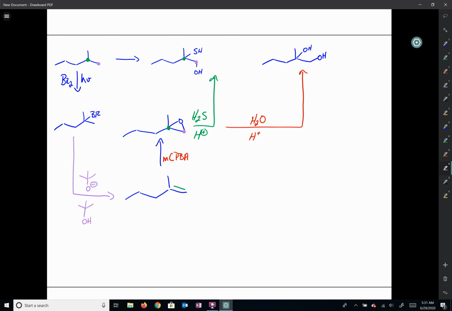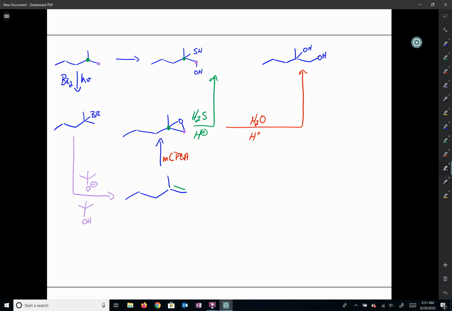LDA could be a choice here also. Either one of those, but t-butoxide will be just fine for what we're doing. Remember, we have the Hofmann versus the Zaitsev products for elimination. So go back and take a look at your E2 mechanisms, and when we talked about using a bulky base to favor the less substituted alkene. So that's what we're doing.